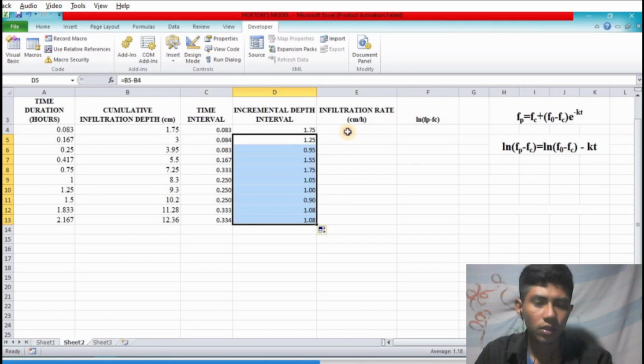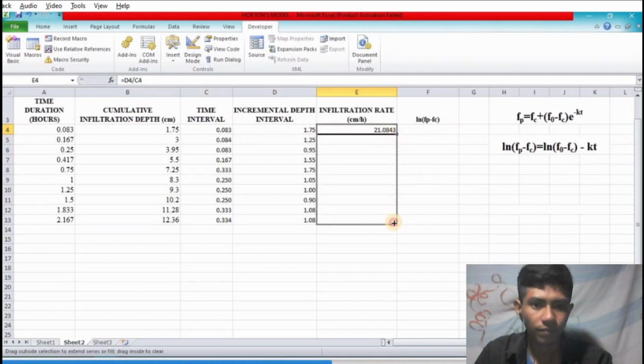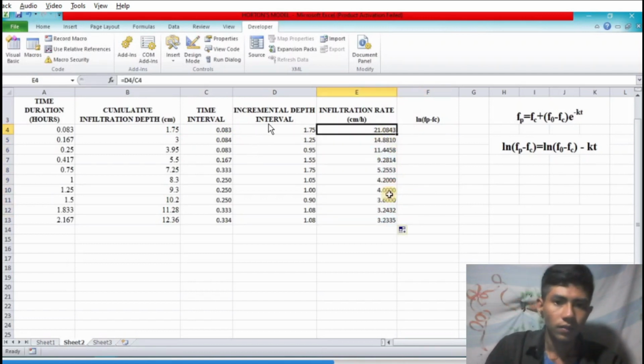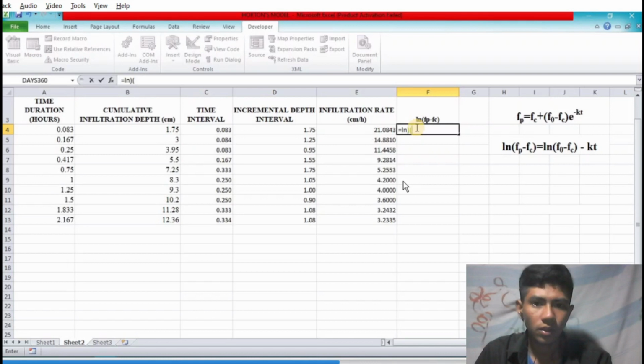Okay. Then sa cumulative infiltration naman, equals, divide by 0.83, enter, then drag down. Now, nakita na naman natin yung FC, so equals ln, in parenthesis, fp, minus 3.2.